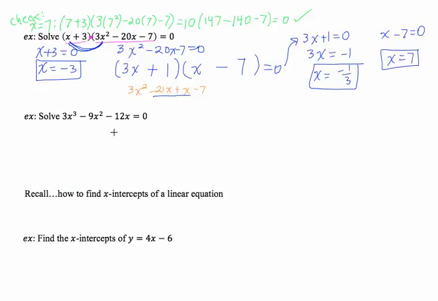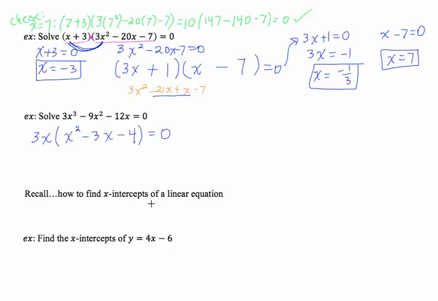And on this one, if you have a cubic, it will factor, either through the sum of 2 cubes factor, difference of 2 cubes factor, or you'll be able to factor out a greatest common factor from all 3 terms, like you can in this one. In this one, they all have a 3 and an x in common. So if we take that out, we're left with x squared minus 3x minus 4, it looks like.